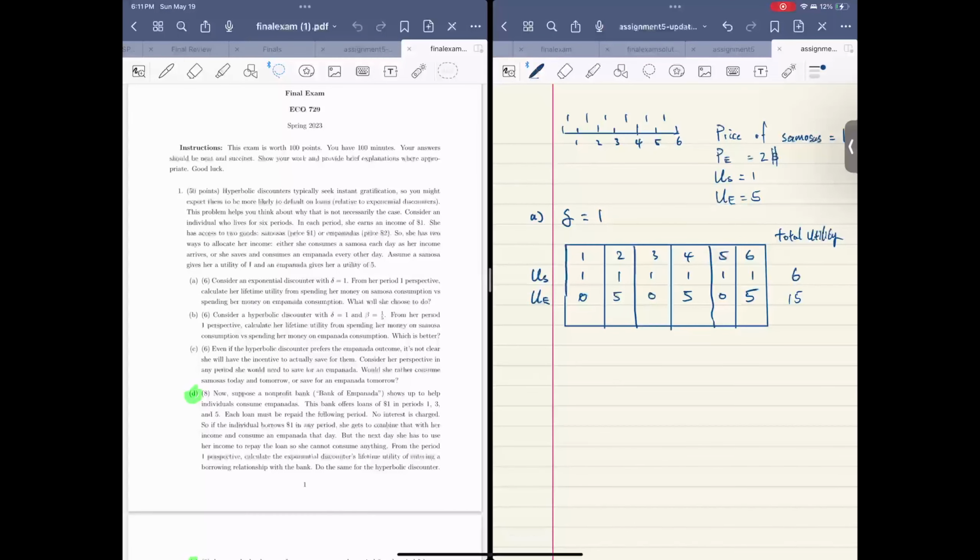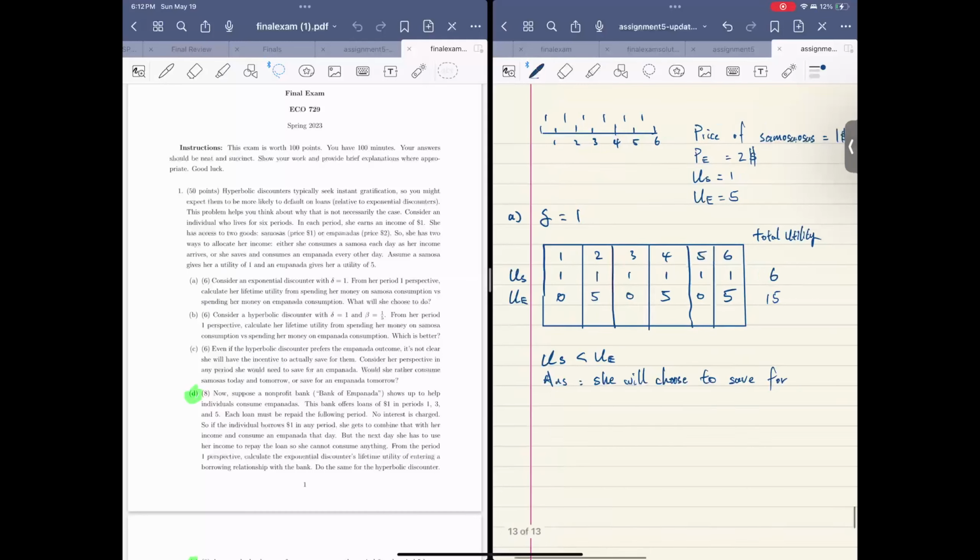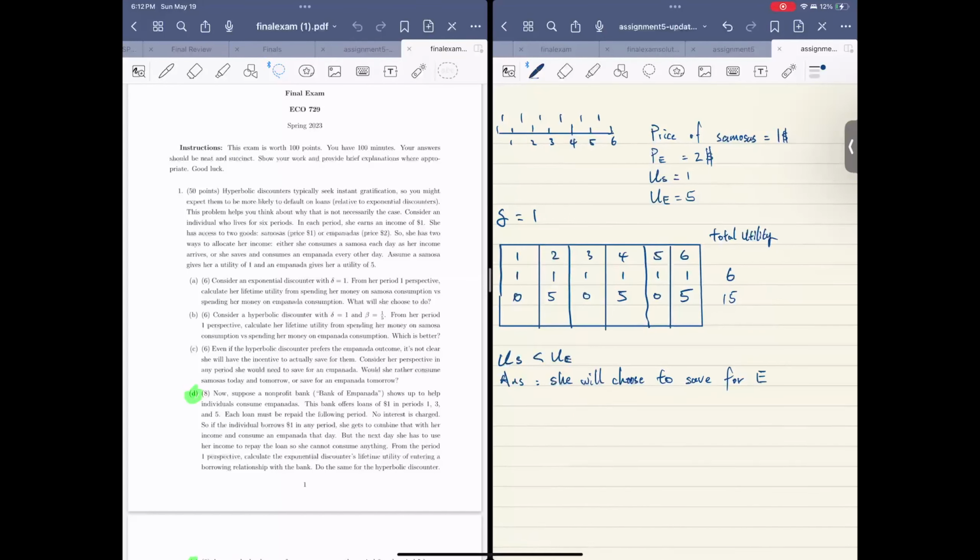So what will she do? US is less than UE. Answer: she will choose to save for empanadas.